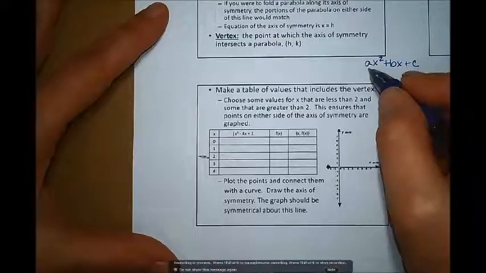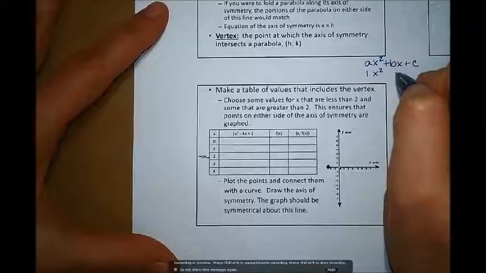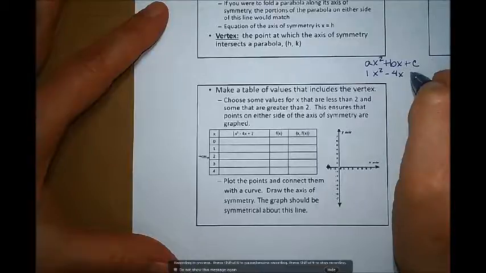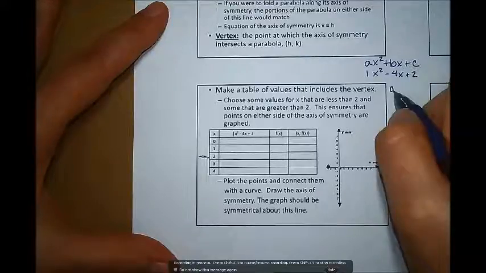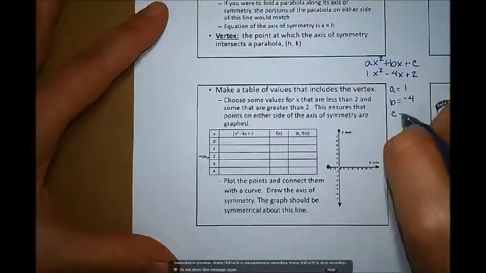So our equation is 1x squared minus 4x plus 2. So we know that a equals 1, b equals negative 4, and c equals 2.